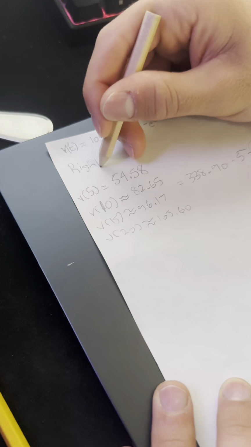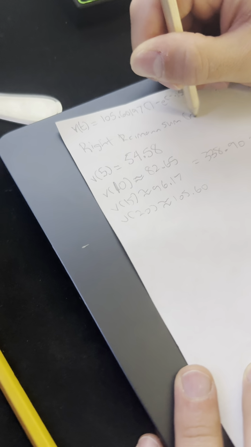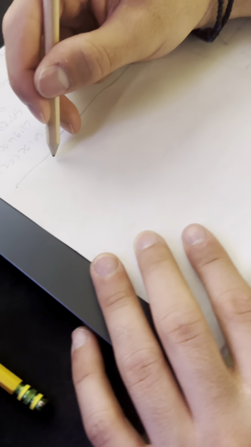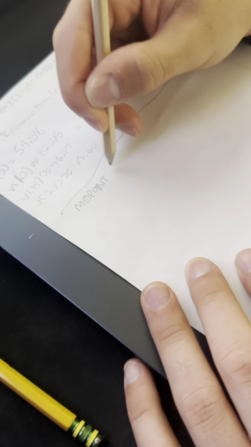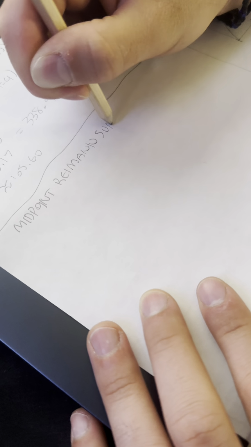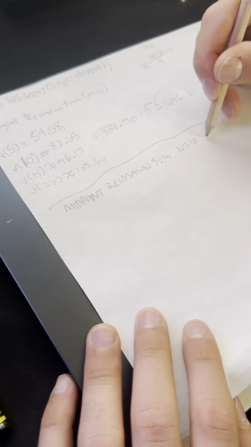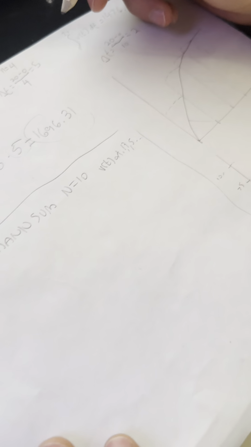So this was Riemann sum n equals 4, and here we'll do midpoint Riemann sum n equals 10. We're going to evaluate here v of t at the odd numbers, 1, 3, 5, on and on.